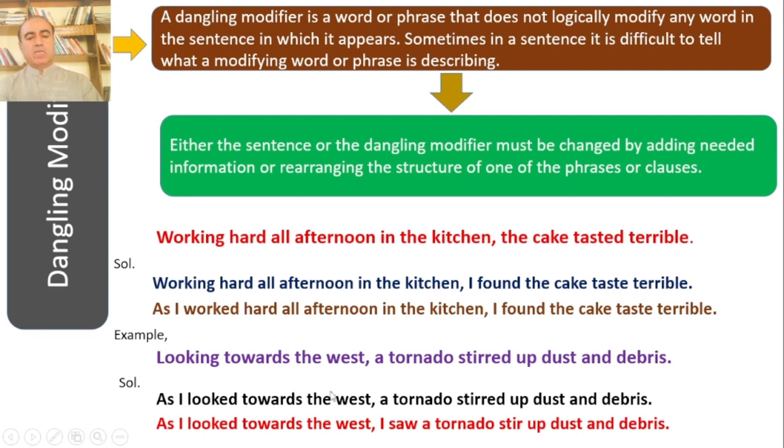So there can be multiple changes we can make to this dangling case, and make a sentence which is elegant, which is grammatically correct, and that conveys better meaning. So we study the cases of dangling modifiers one by one.